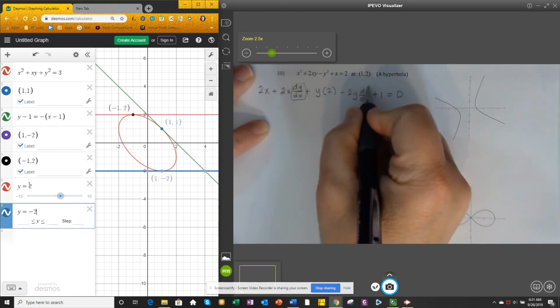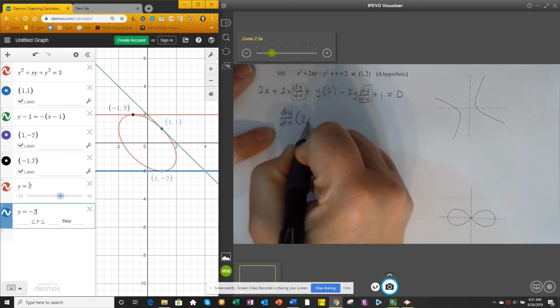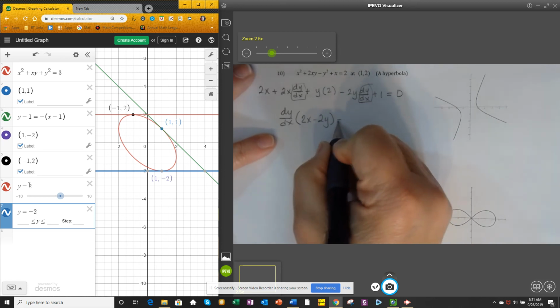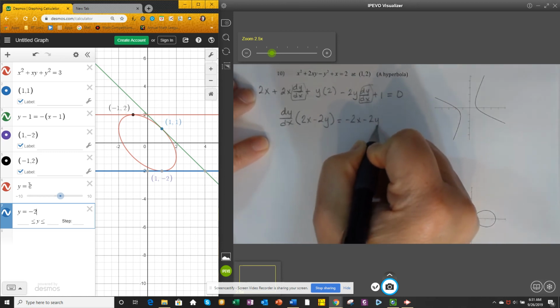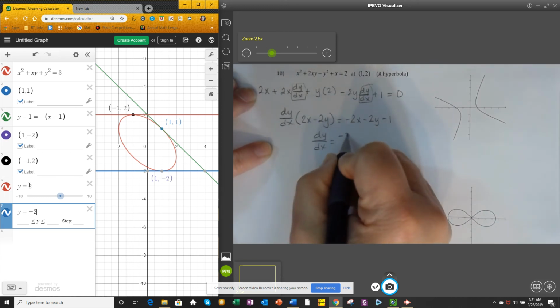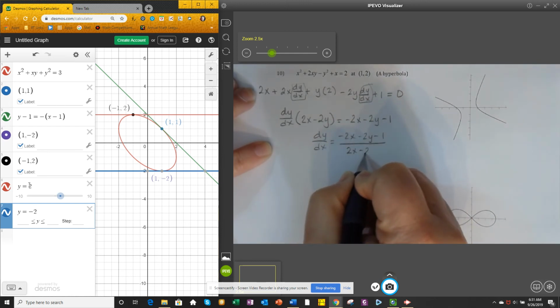All right, so dy/dx, factoring that out, I get (2x minus 2y) dy/dx equals negative 2x minus 2y minus 1, so dy/dx equals negative 2x minus 2y minus 1 over 2x minus 2y.